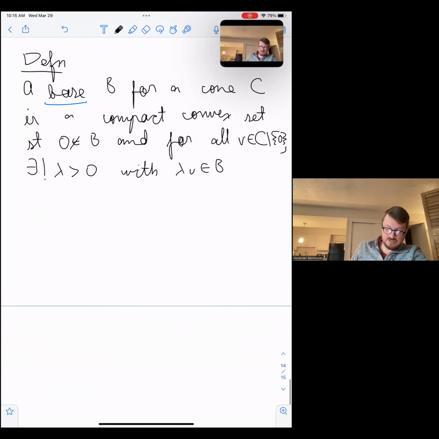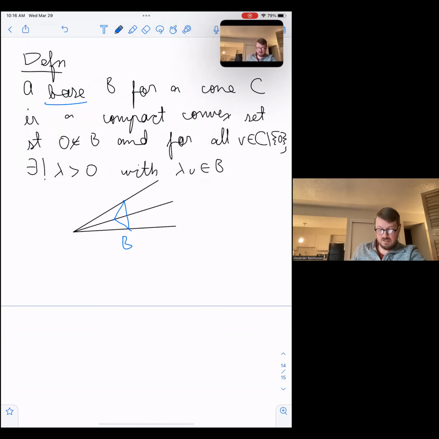And the picture is the same picture we drew earlier, where we had this three-dimensional cone, and we take a cross-section. So this is just some compact convex set intersecting every ray exactly once.